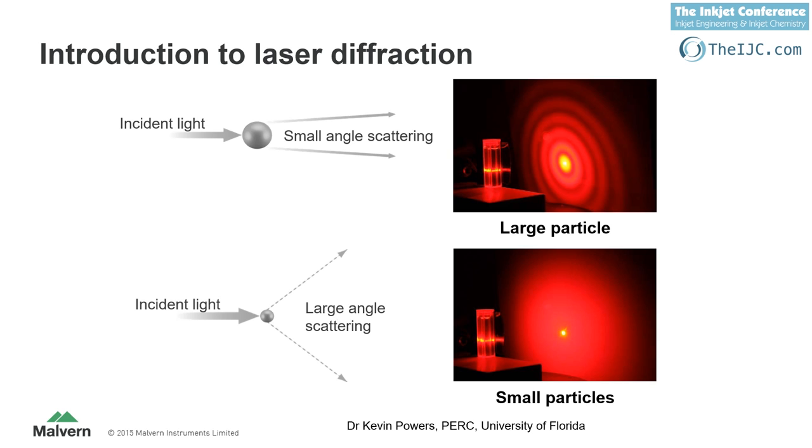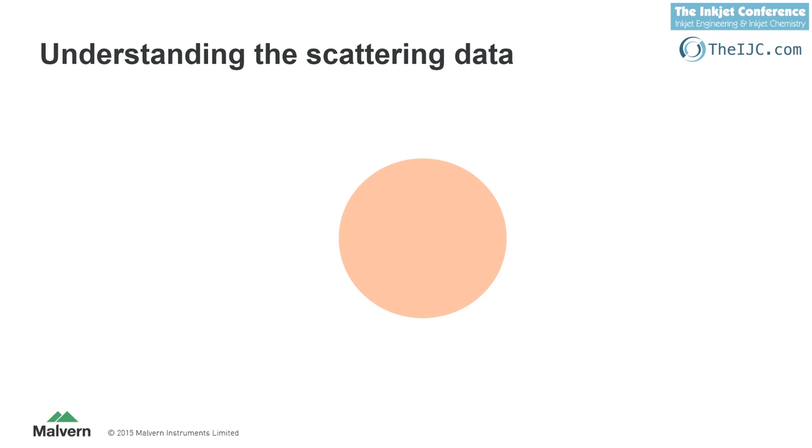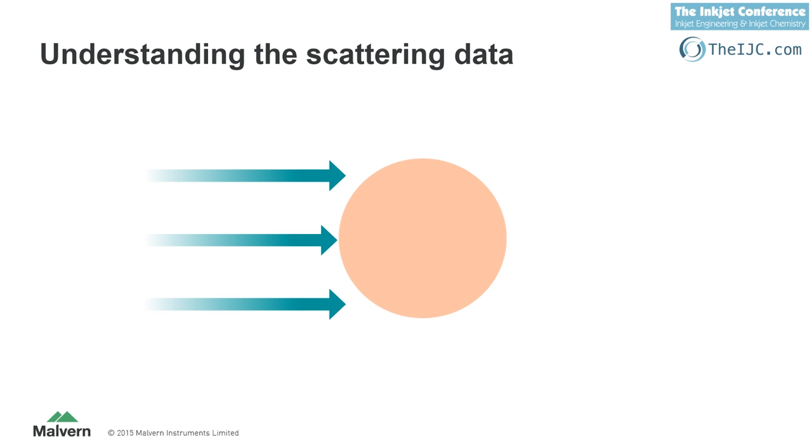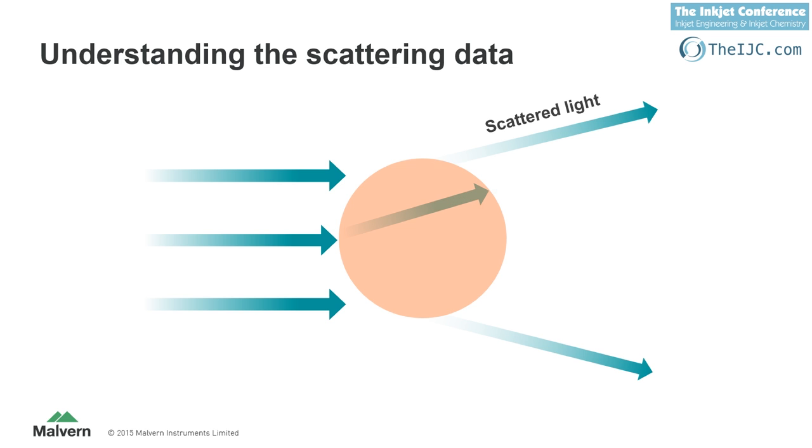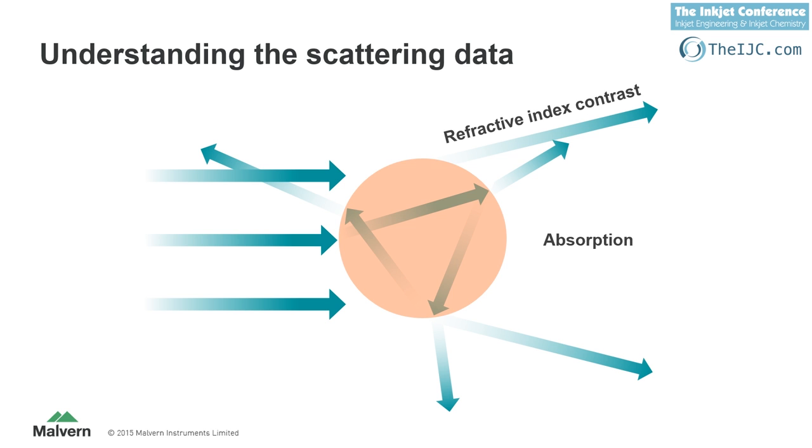In order to interpret that scattering data from a particle, we use an optical model called Mie theory, which models the scattering from the surface of the particle, as well as light that gets transmitted and refracted through the particle. In order to model that scattered light accurately, we need to input some information about the material that we measure. So we put in a refractive index contrast. We look at the difference between the refractive index of the particle and the refractive index of the dispersant in order to model that angle correctly.